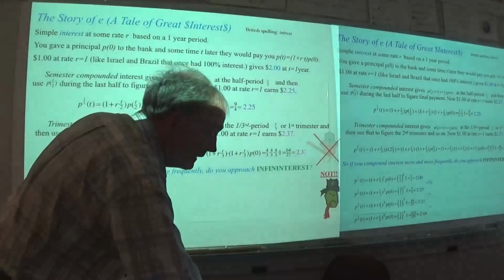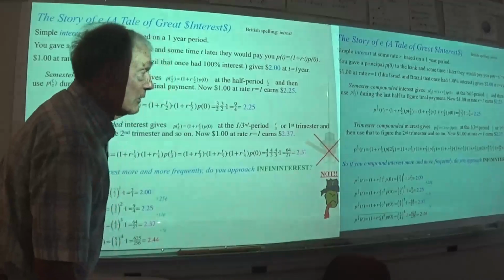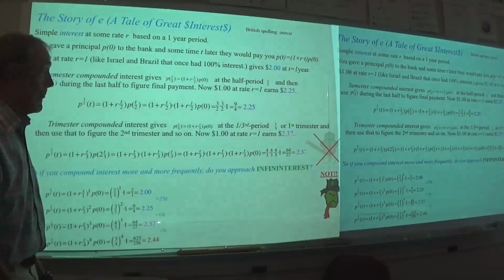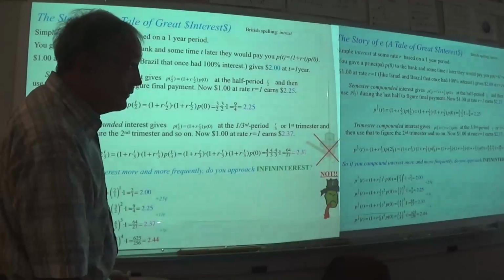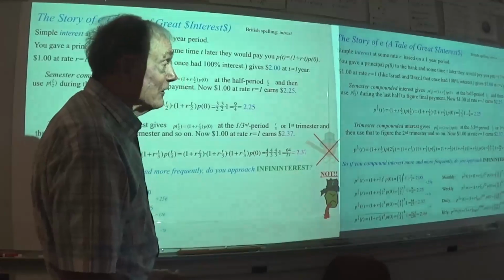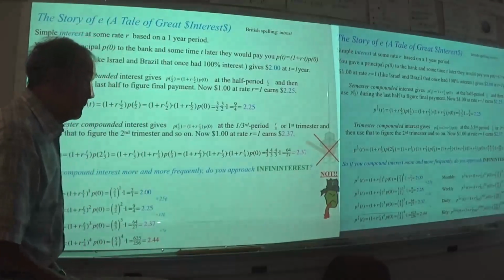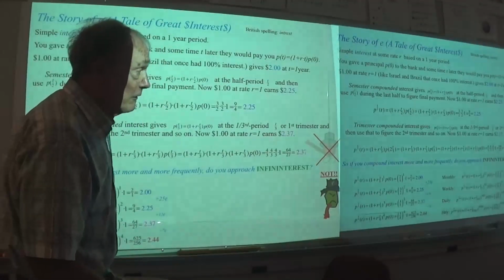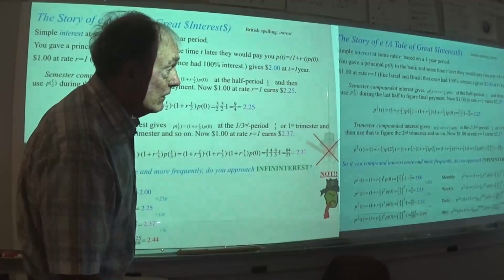Let's go ahead and do a whole bunch of it. Let's do it monthly. Okay, this is 12. This is a big jump in the number of times you're compounding. Weekly, then still another jump by a factor of 4, and so forth.